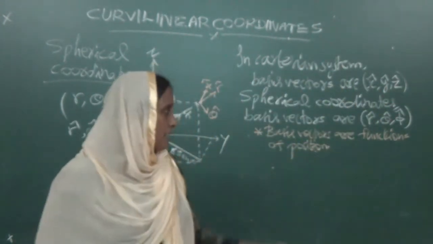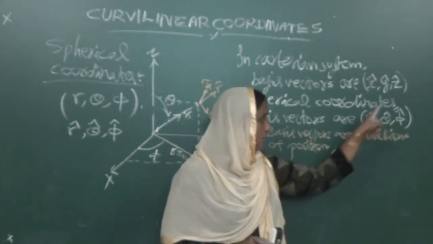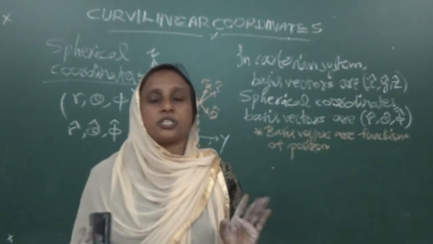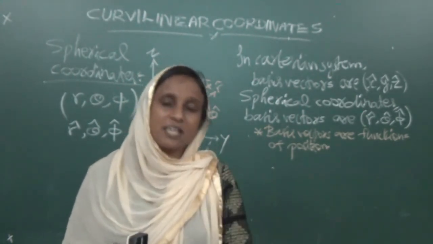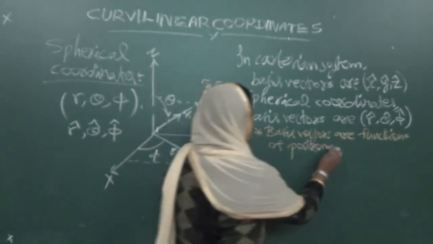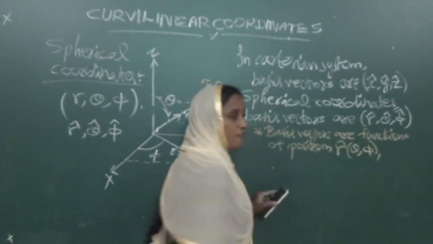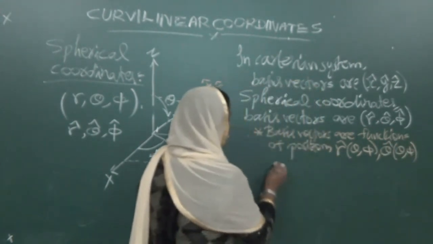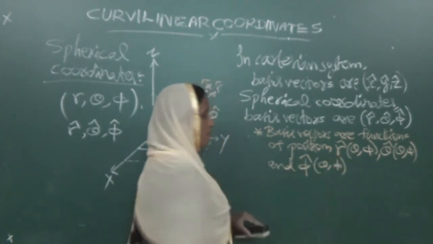At the same time, in the case of r cap, theta cap and phi cap, these are unit vectors, but these are functions of position. That means r cap is a function of theta and phi, theta cap is also a function of theta and phi, and phi cap is also a function of theta and phi.